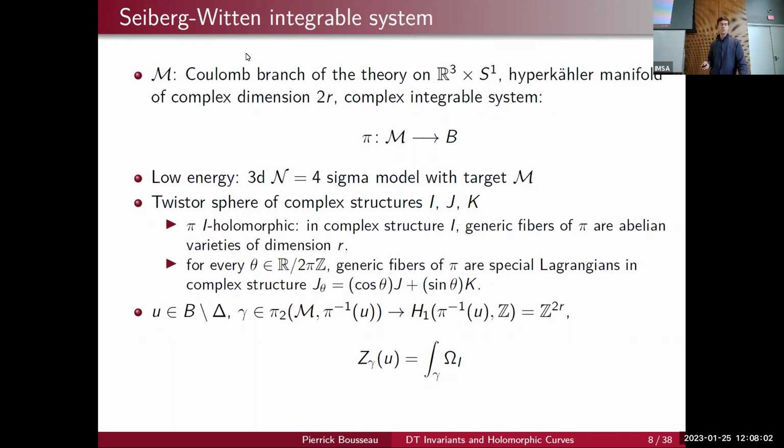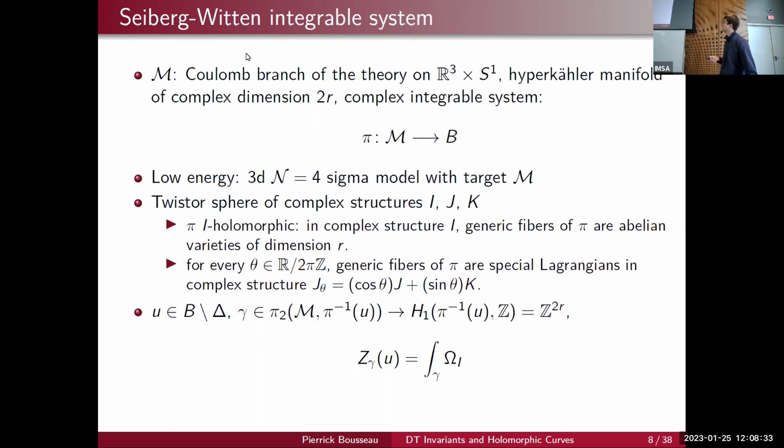And it has a natural structure of complex integrable system. So it has a natural map to the Coulomb branch of the theory on R4, B. And it has a property. So one way to explain what this geometry is doing is that if you start with a four-dimensional theory, and if you compactify it on a circle, at low energy the circle looks very small, and what you get is a three-dimensional sigma model which targets this hyperkähler manifold.